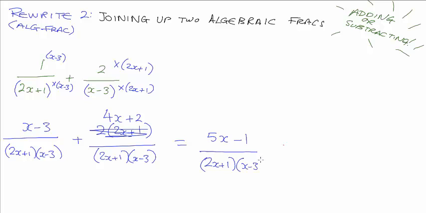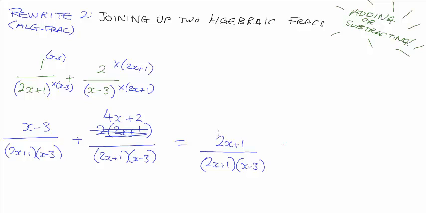x minus 3. Now, the reason I said don't multiply these things out, is that can you imagine if, when we added these things up, you got something like this. Well, that's what a lot of these questions involve sometimes. If you got this, can you see this top here?